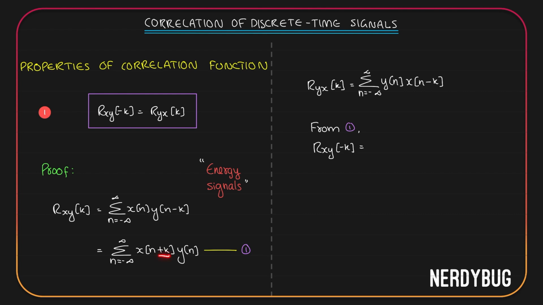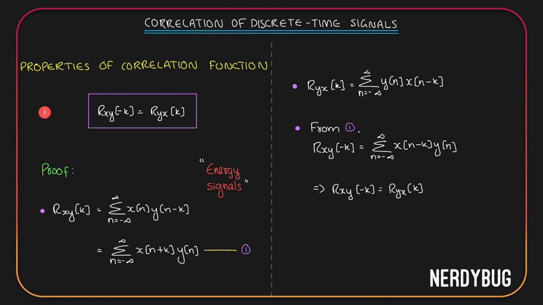We have plus k here, it will simply become minus k in that case. That is summation from n equals minus infinity to infinity x of n minus k y of n. But this is the same as this. So we can conclude Rxy of minus k is the same as Ryx of k.